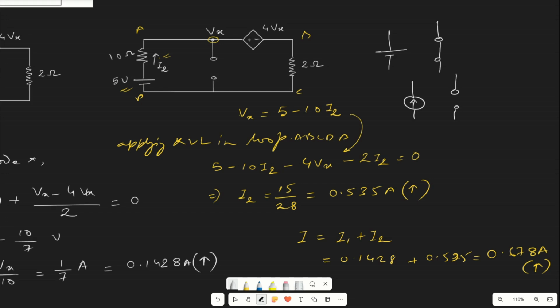This is the basic logic. Suppose we have a voltage source of 5 volt comma 2 ohm. This means the internal resistance is 2 ohm. So when replacing this, we are not going to consider a short circuit, we are going to consider a 2 ohm resistor. This is a very basic thing that we should follow so that we do not make any mistakes.